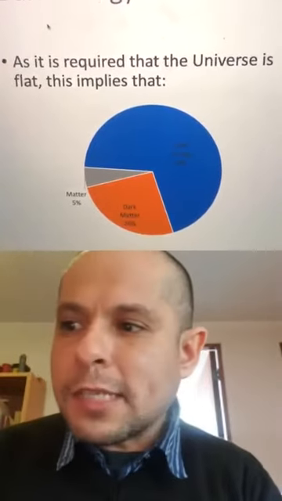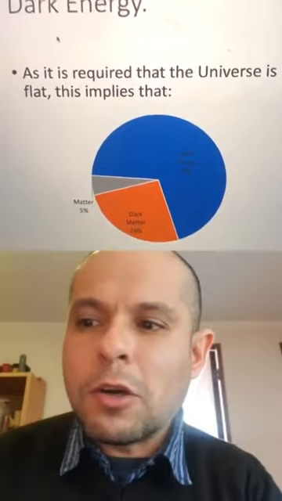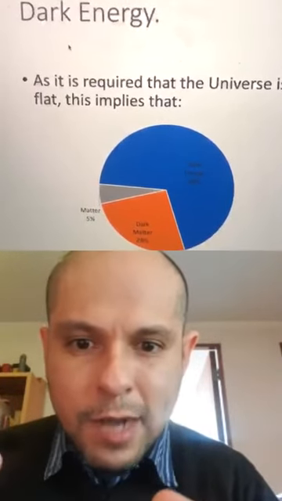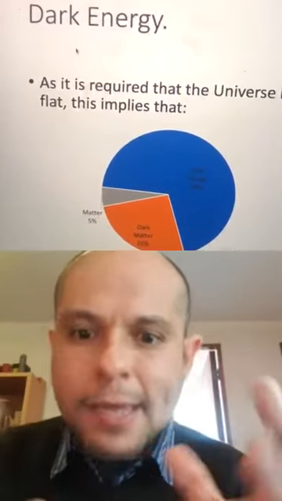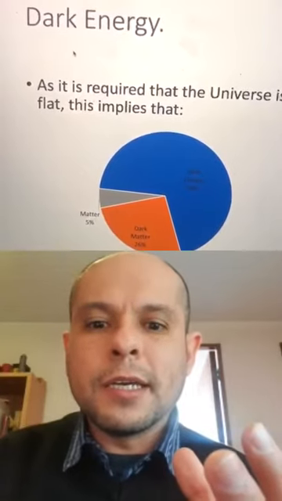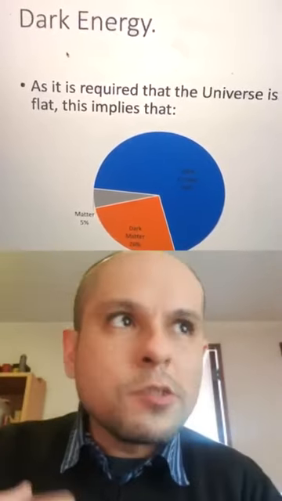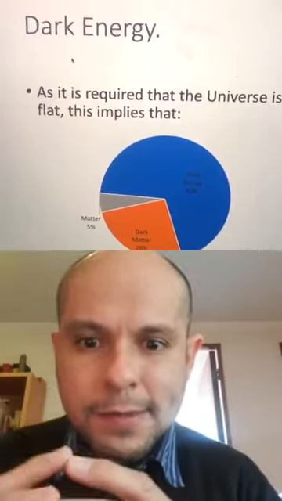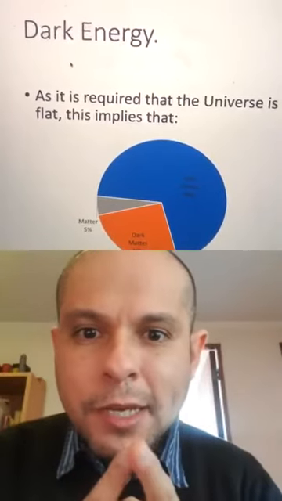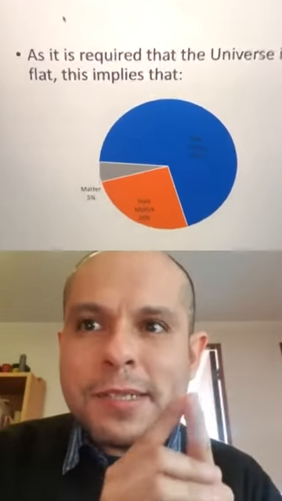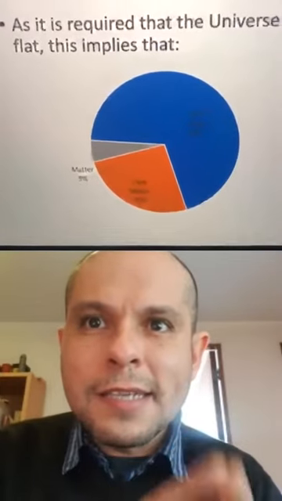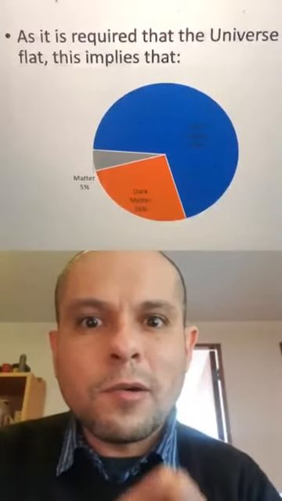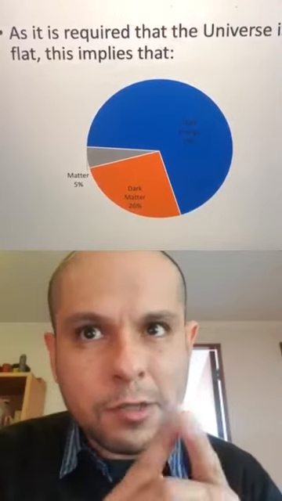The 26% corresponds to something that we call dark matter. Dark matter basically gives structure and support to galaxies, but it's only 26%. And the 69% given by the cosmological constant corresponds to the energy of the cosmological constant.